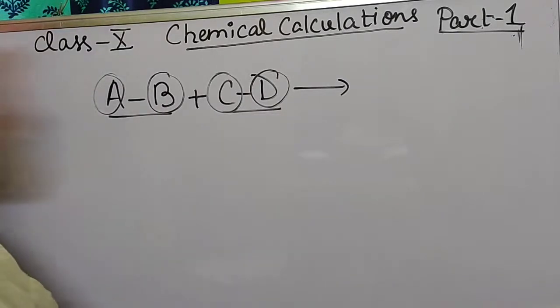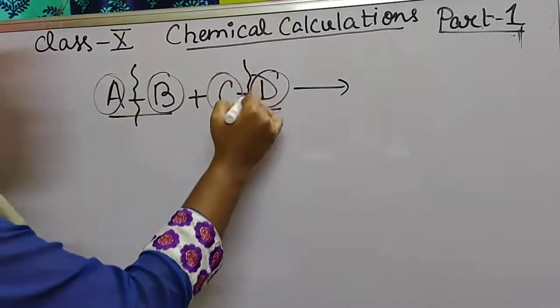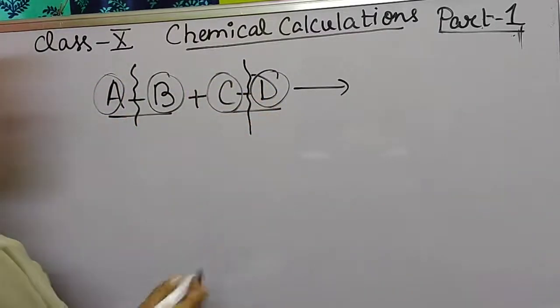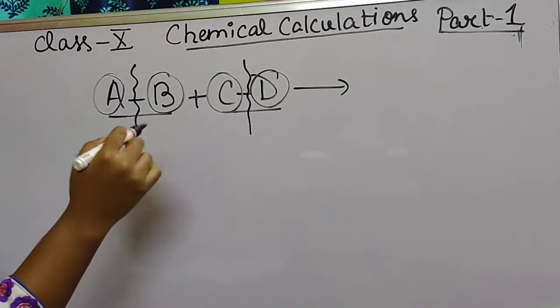So how will these new substances be formed? Here the breaking of the initial bonds will take place and the formation of new bonds. So now new bonds will be formed.